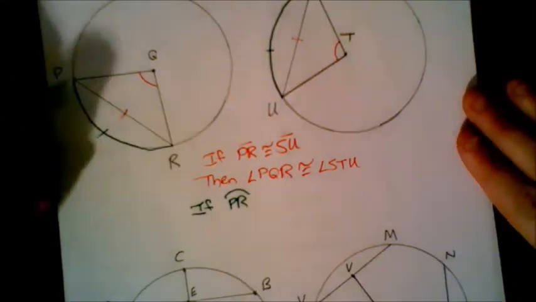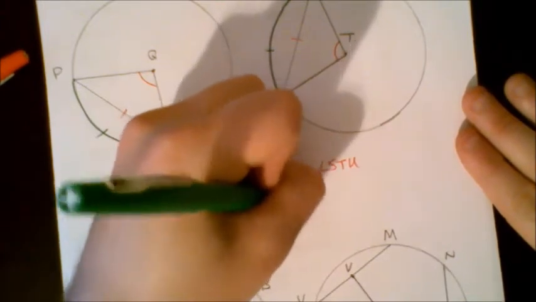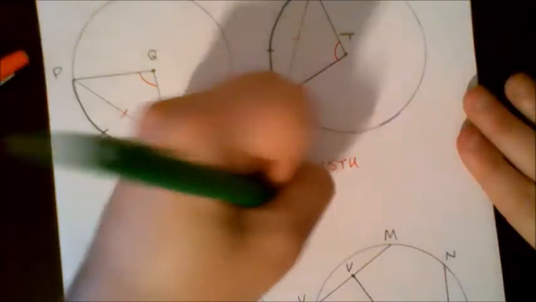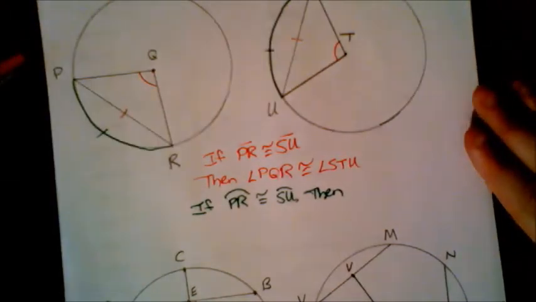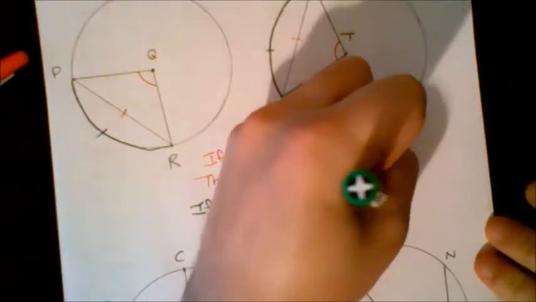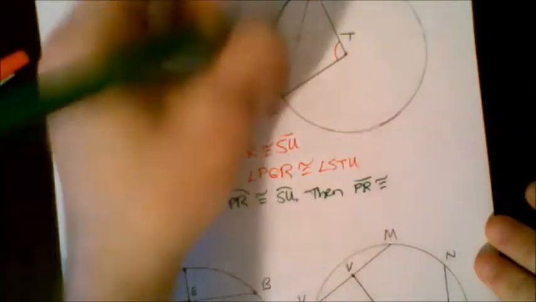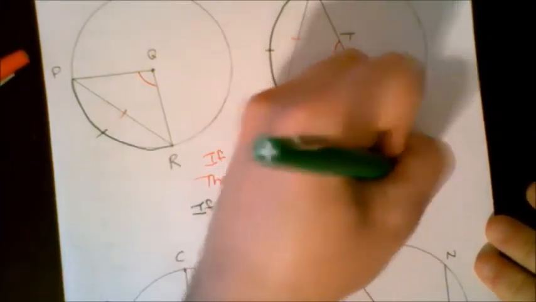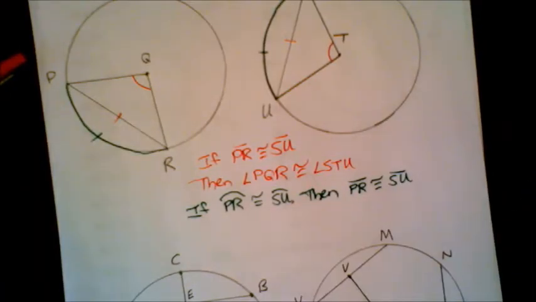Not segment PR, arc PR is congruent to arc SU, then chord PR is congruent to chord SU. And chords are just segments, so we can notate them just like we would segments. Okay, those are the first two theorems we can talk about.